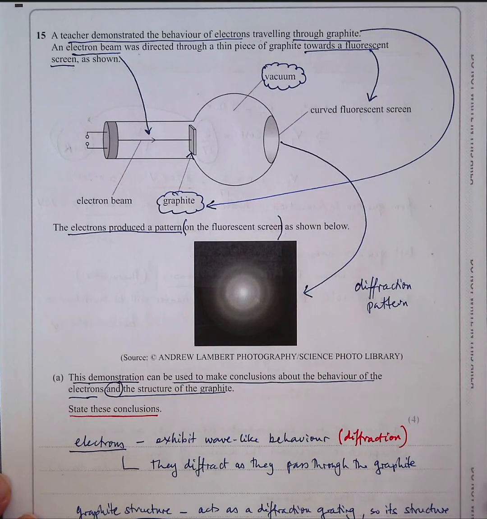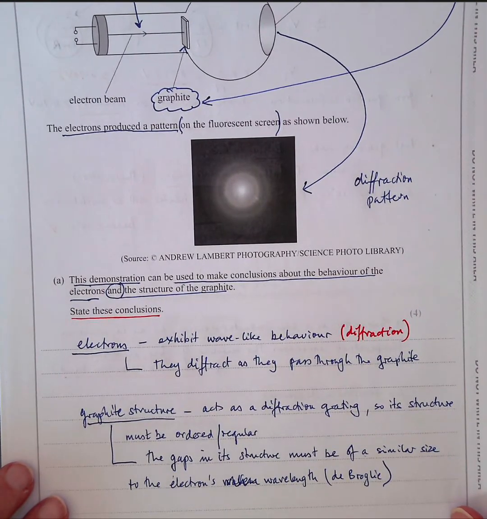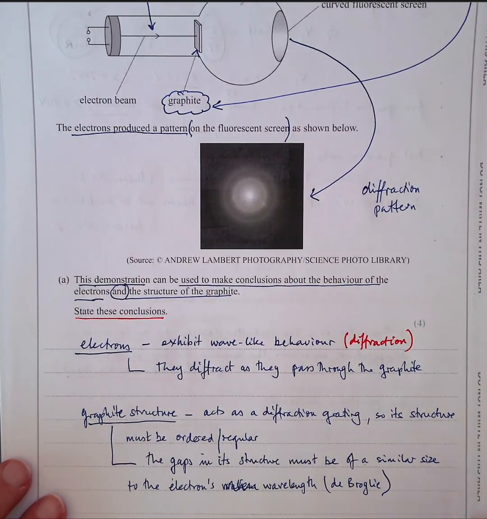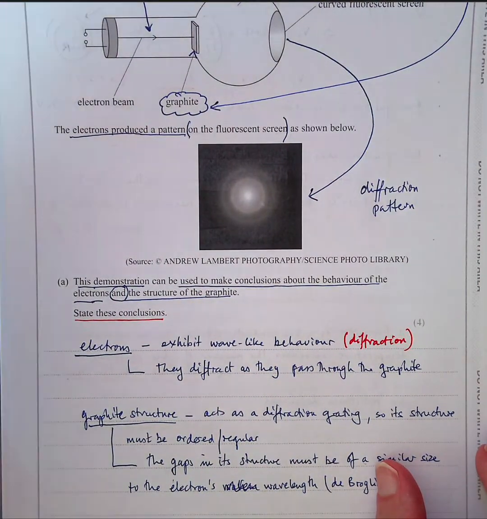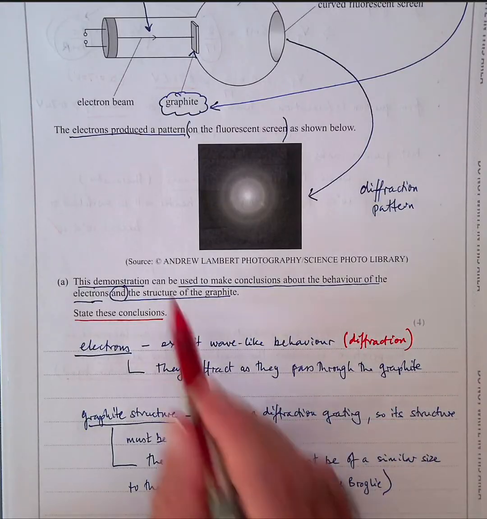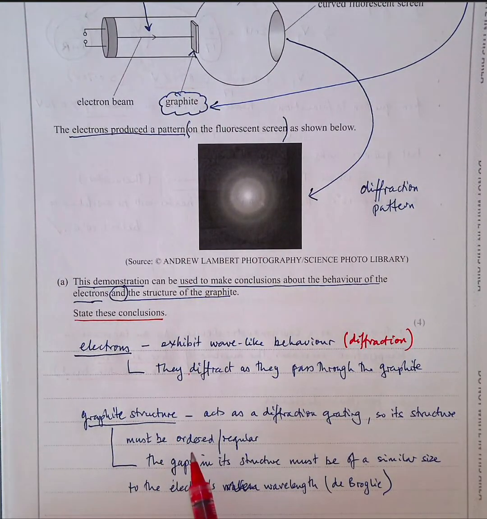So if electrons can diffract, then that means that they can exhibit wave-like behavior. They diffract as they pass through the graphite, obviously. That's what's causing it. So the electrons diffract as they go through the gaps in the graphite.